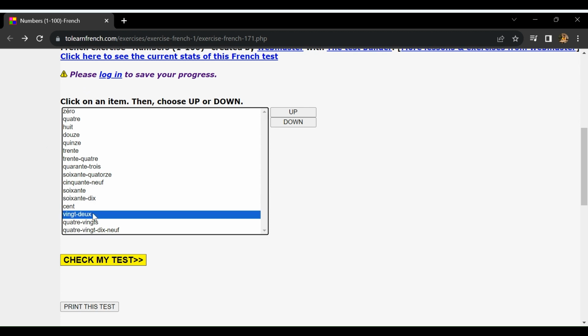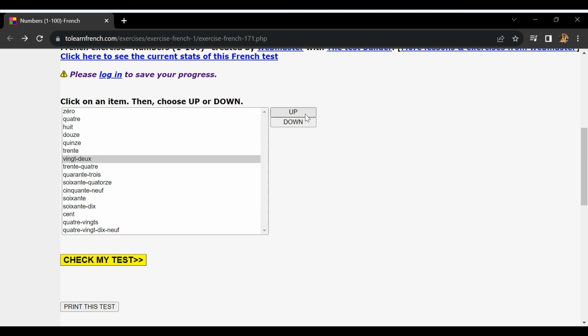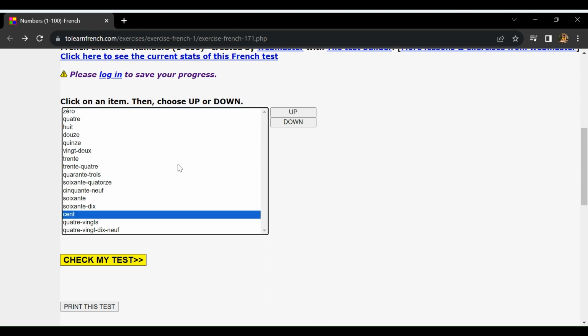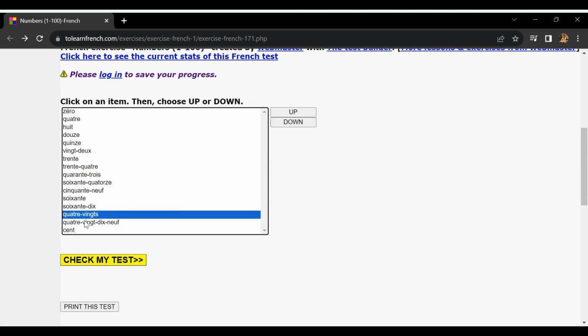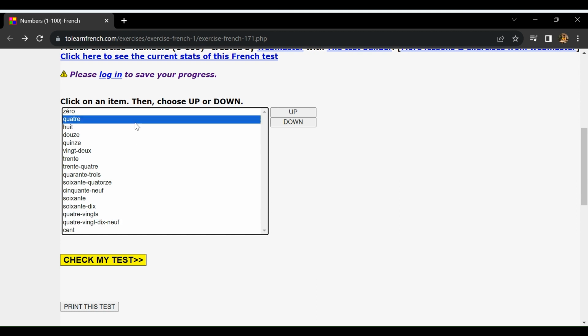And then I believe vingt-deux will be at the top after the two. Yeah, vingt-deux, and trente-quatre will be at the bottom. Okay, let's just start.